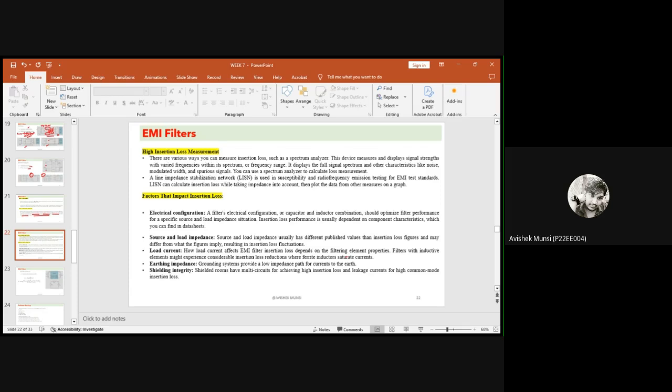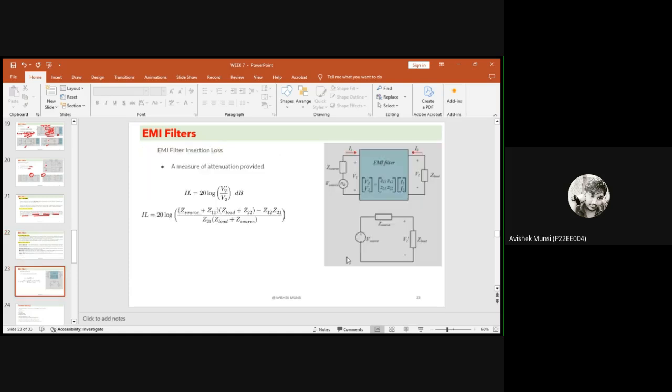Earthing is also a factor, because without proper grounding your EMI filter will introduce unwanted noise. The solutions were already discussed in the design. Shielding integrity is another: we need shielded rooms with multi-circuit for achieving high insertion loss, and leakage current for common mode insertion loss.